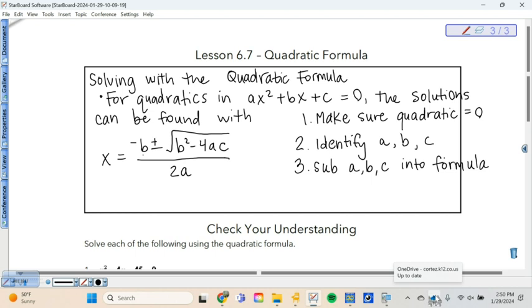Just make sure you're using parentheses. I can show you what that looks like too. And then the last step is just to simplify. Start with what's under the square root, and then you split it off into the two parts, either adding or subtracting. Okay? So you can try numbers 1, 2, 3. Show your work on there too.